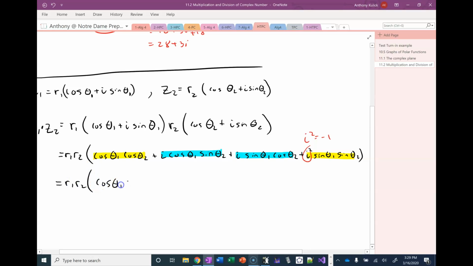So I have cosine theta 1 times cosine theta 2 minus, because remember the i squared is -1, sine theta 1 times sine theta 2, plus, and then I'm going to factor the i out, cosine theta 1 sine theta 2 plus sine theta 1 cosine theta 2.